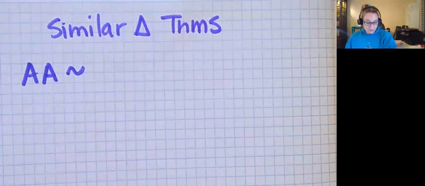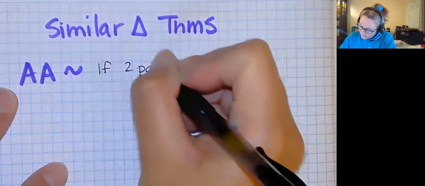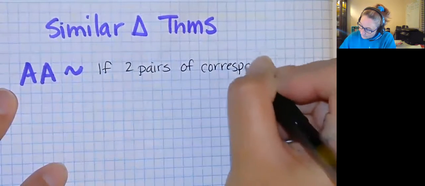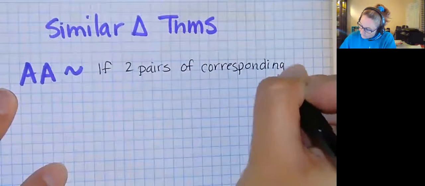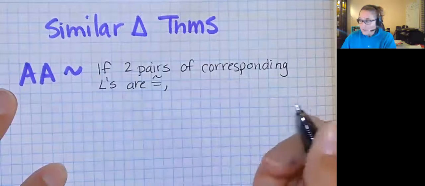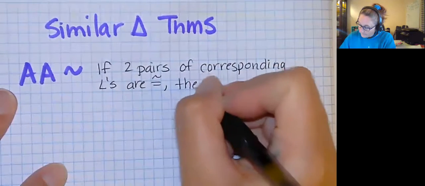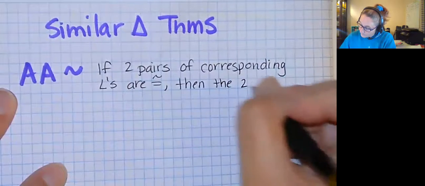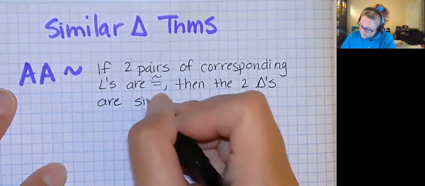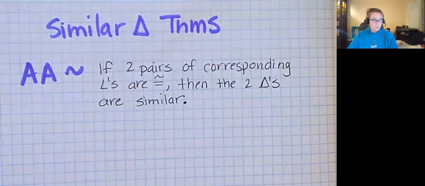So if two pairs of corresponding angles are congruent, then the two triangles are similar. Okay, I'll draw a picture of that.